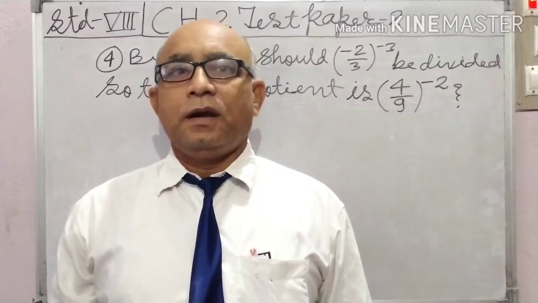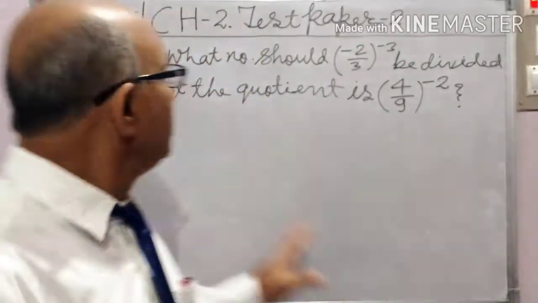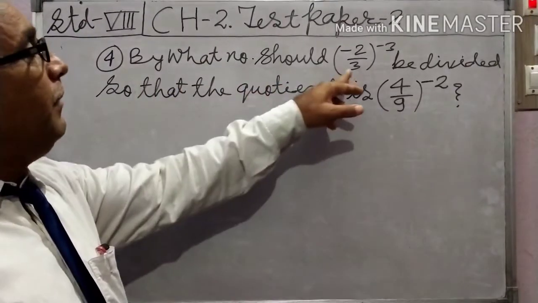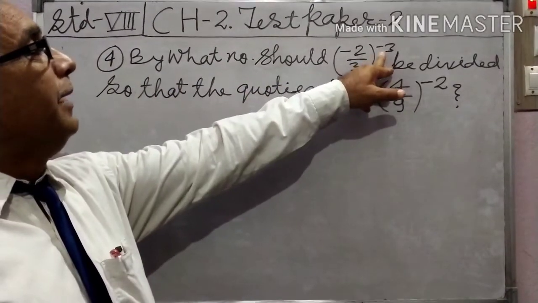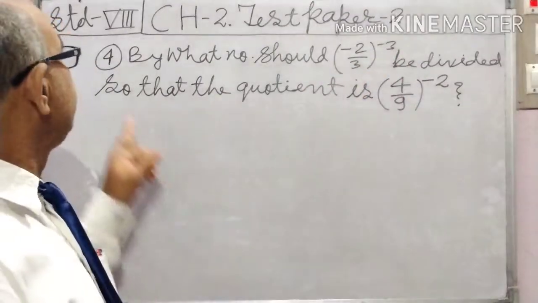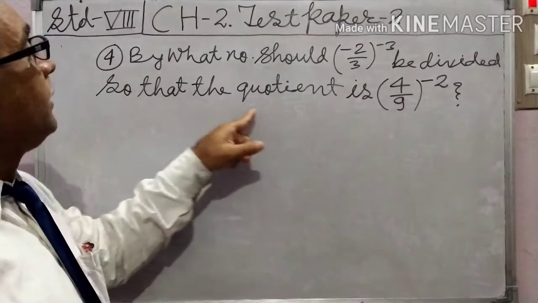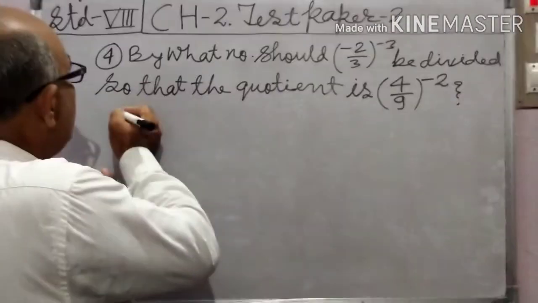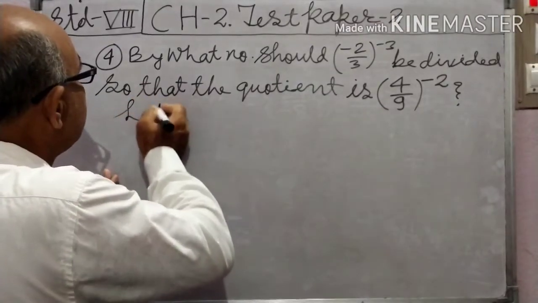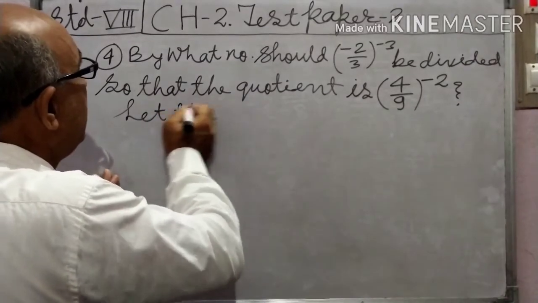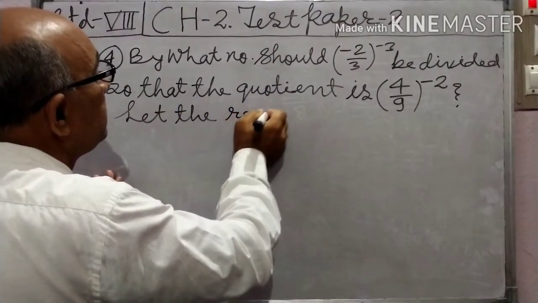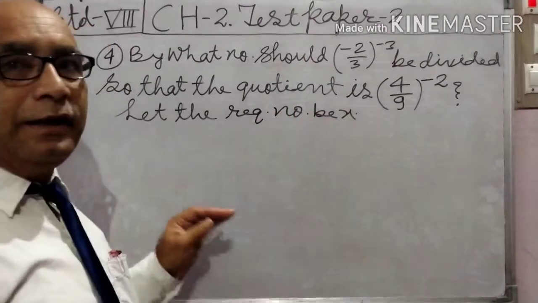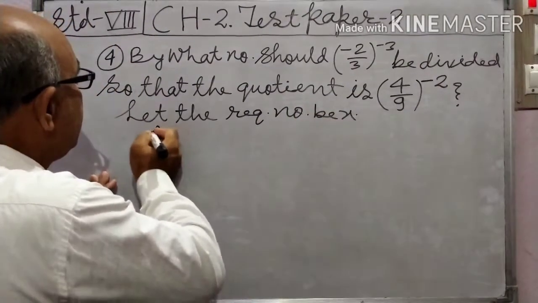Right. Students, next question is question number 4. By what number should (-2/3)^-3 be divided so that the quotient is (4/9)^-2? So let the required number be x.